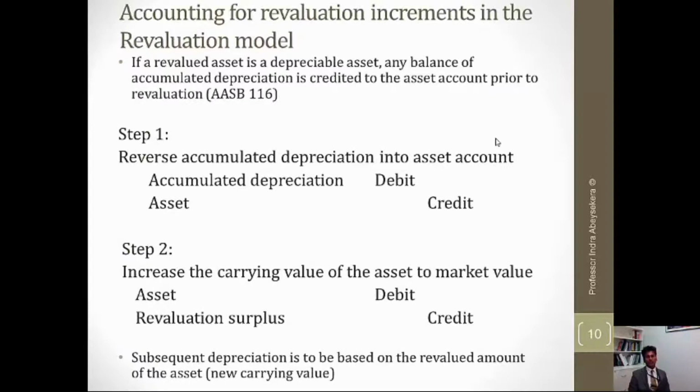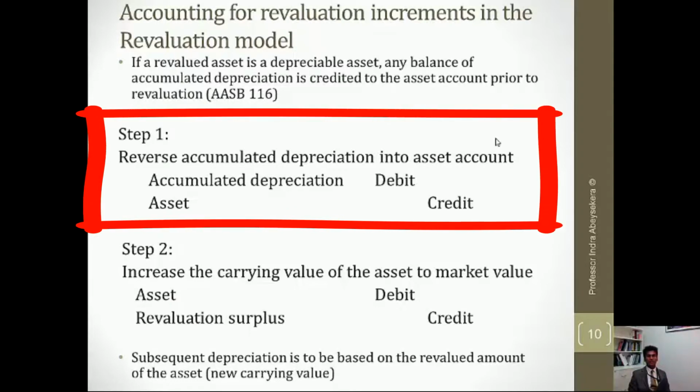So here are the steps for us to write journal entries. Before we revise the asset value, we must reverse the accumulated depreciation into the asset cost account. So we debit accumulated depreciation and credit asset. So the asset cost account will have the original cost minus accumulated depreciation.